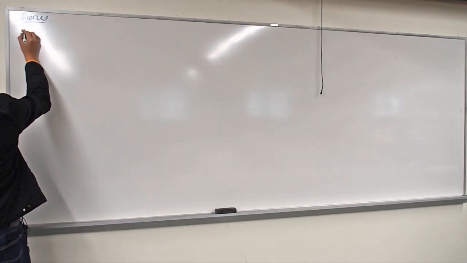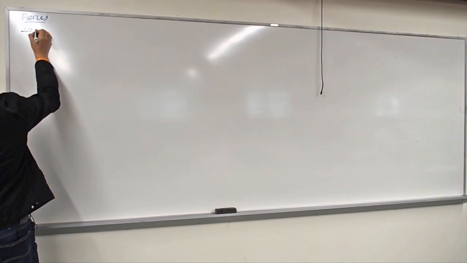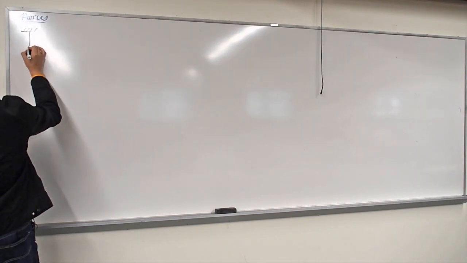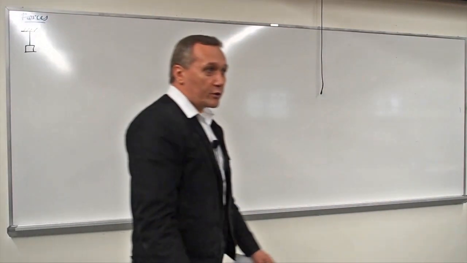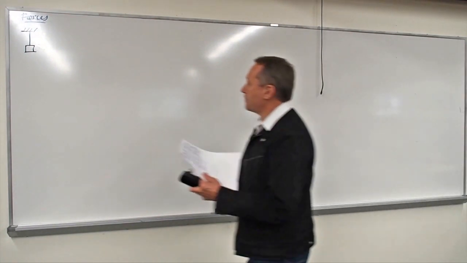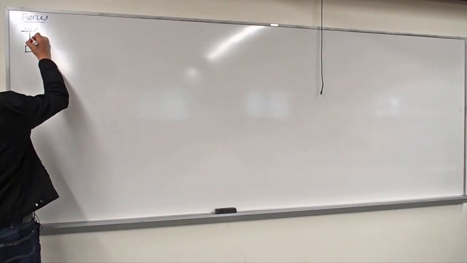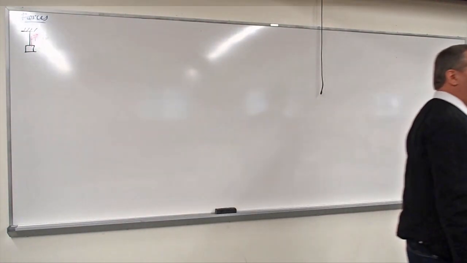Now let's discuss all these major forces. If you have, I don't know, a ceiling, here a cord, and some object, and the cord is attached to the object and is under tension, we can introduce a tension force. In this case, there will be tension which acts along the cord, away from the object, all the time.